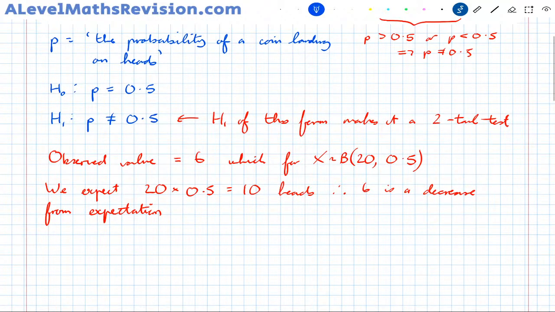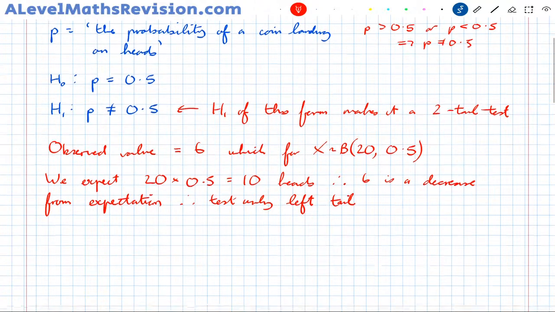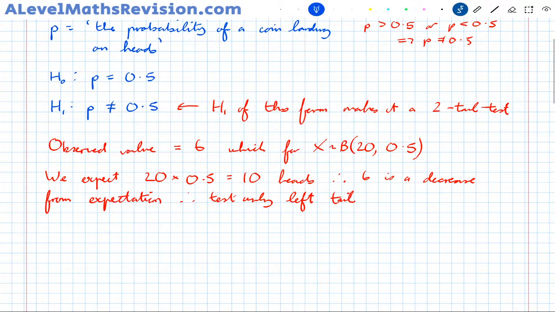So now we're going to test the left tail. It's a decrease. Therefore, test only left tail. So we're finding the probability now that X is less than or equal to 6, testing for a decrease. And here's the twist with a two-tail test.